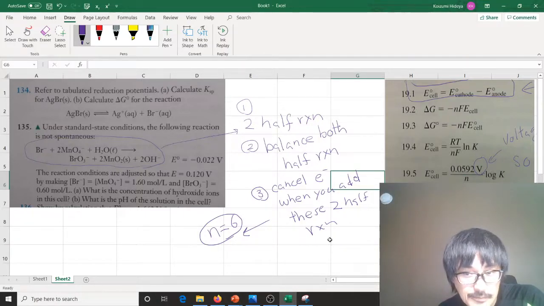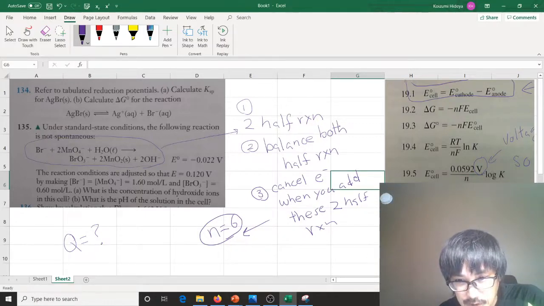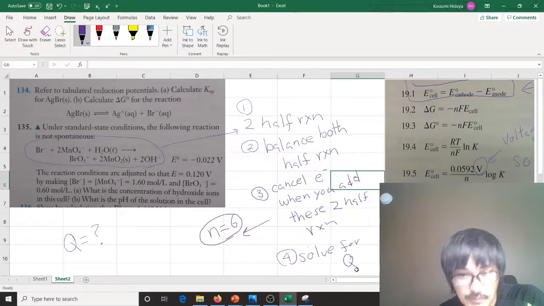And then what is the Q expression, right? And then E and E naught are given. These two are given, so you can actually solve for Q, right?